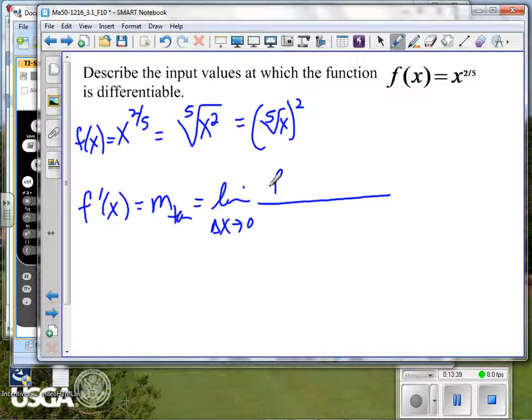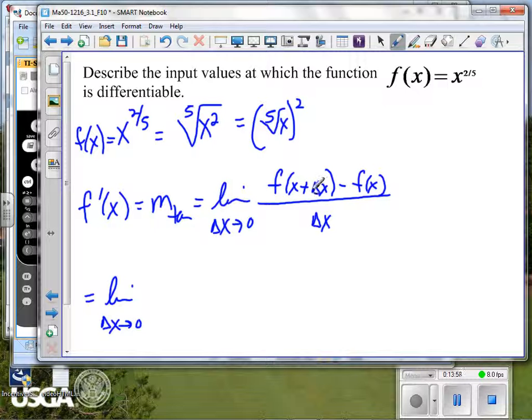And remember that's f of x plus delta x minus f of x, divided by delta x. So for us, we have the limit as delta x approaches 0.